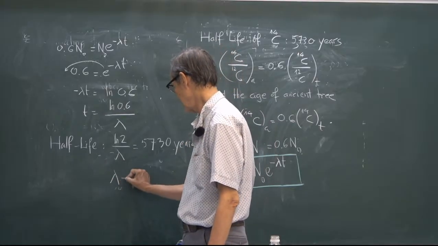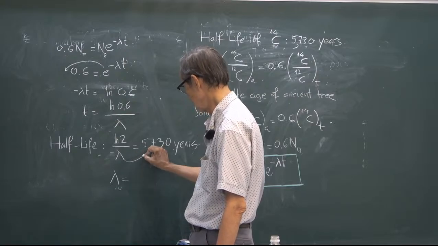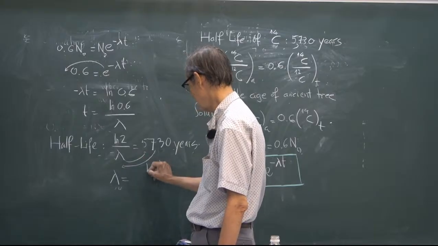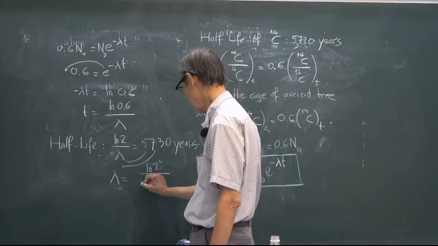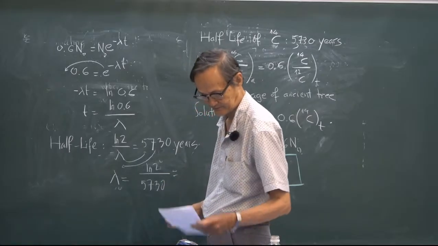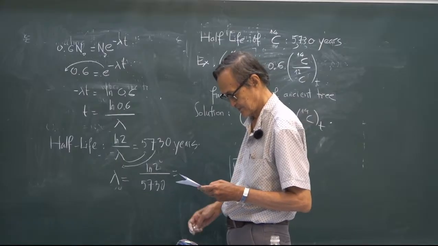So lambda equals, lambda moves to the right hand side and this moves to the left hand side, log 2 over 5,730.